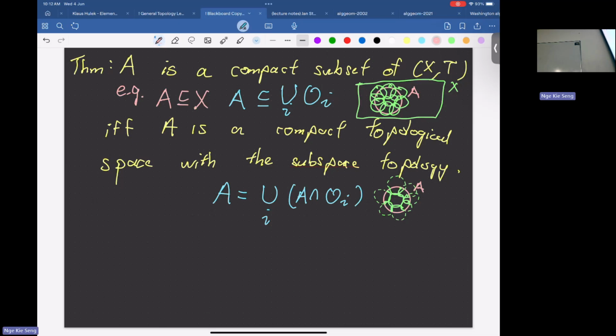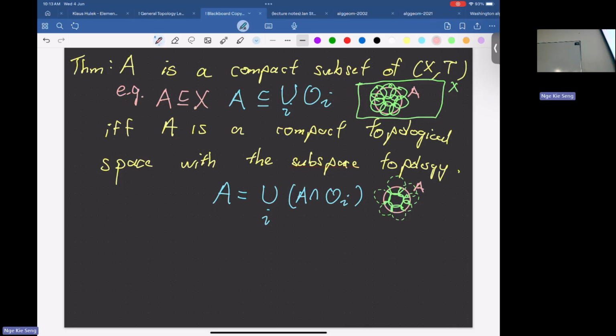This is a bit different from open and closed, you know. Correct? Your half closed or half open interval, right? It's not open and not closed, right? But if you consider it as a subspace topology, it is open and closed. This is different, no?